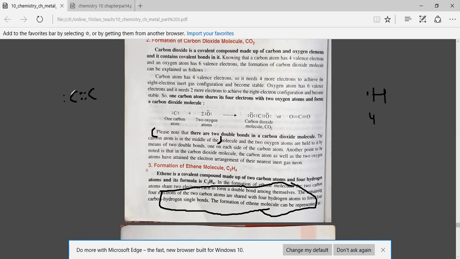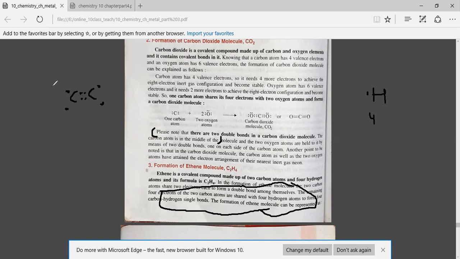Up till now each carbon has 6 electrons. Now it needs 2 more electrons, so it will combine with hydrogen. We have 1 electron here, 1 electron here, 1 electron here, 1 electron here, because 2 electrons on each carbon are left and not shared.